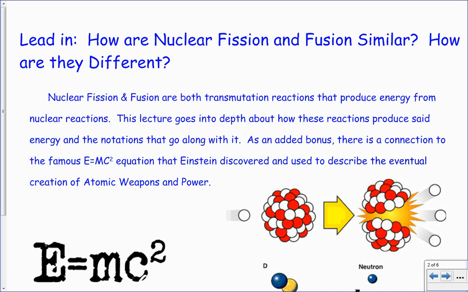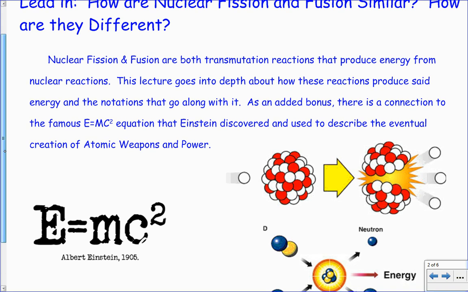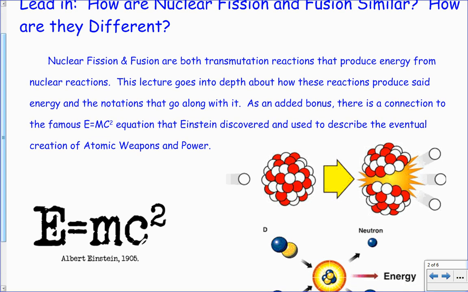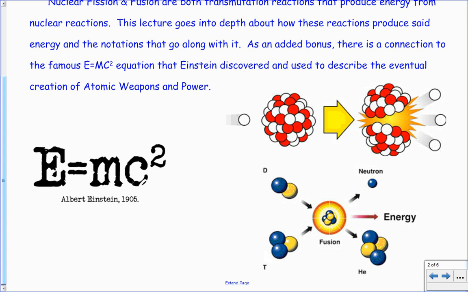Okay? How are fusion and fission different and similar? Well, fusion is fusing together while fission is breaking apart. That's basically all we really need to do. And here is a little bit of what's going on.